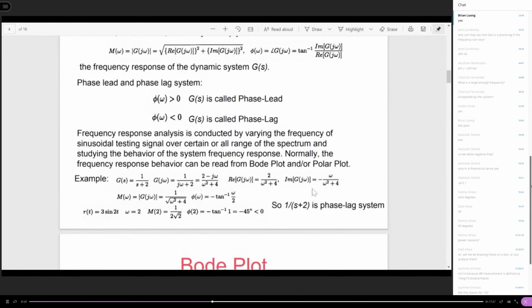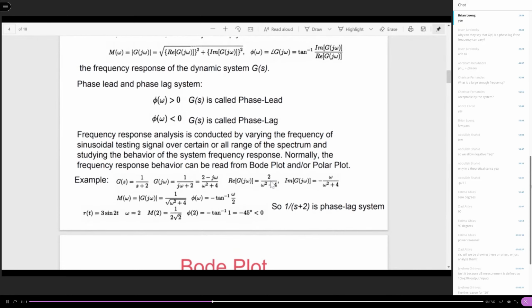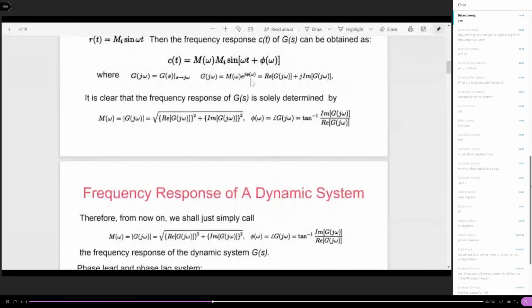So this is the manipulation of G of s and G of j omega, writing it down in two expressions. You should be very familiar with these two expressions, and you should also be able to convert between them. The formula is given here.